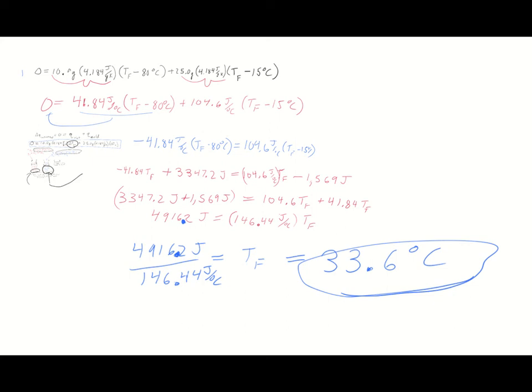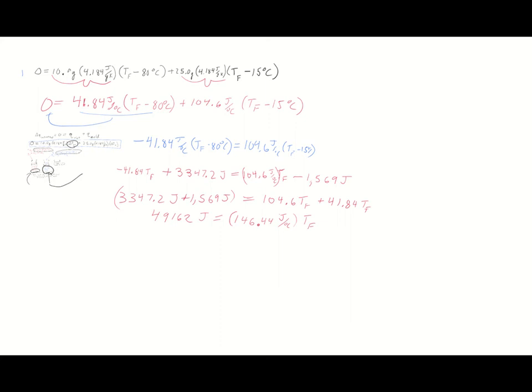But this process of saying that the related heat flows are equal to zero, that initial statement of adding up different heat flows to equal zero, is at the heart of the science called calorimetry. Now, calorimetry is the study of heat flows. I could go on all day about it.